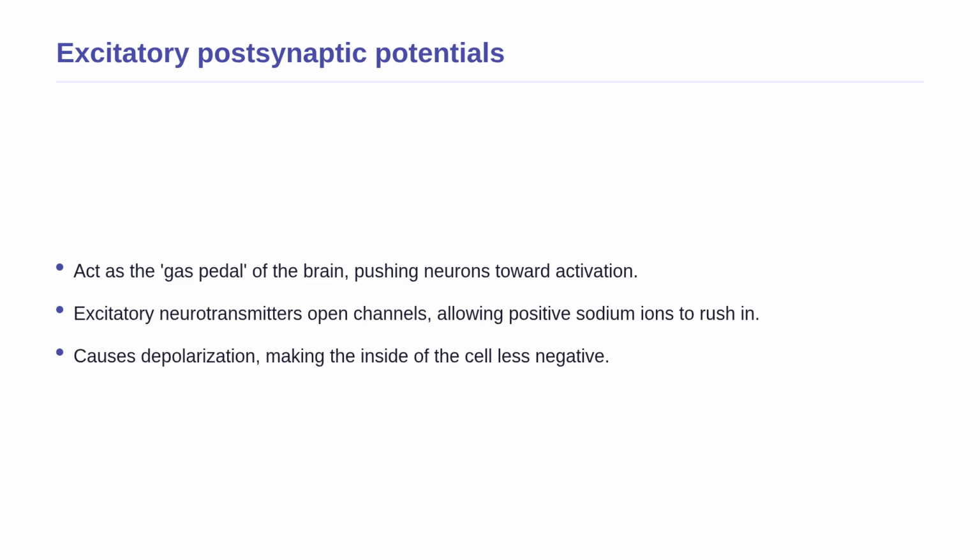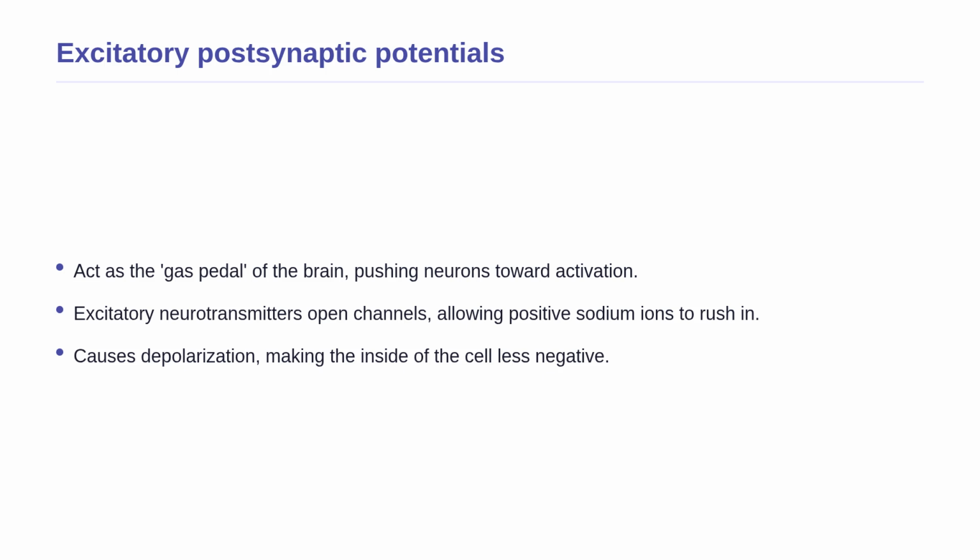To understand how neurons activate, imagine you are sitting in a car. Pressing the gas pedal gives the car a burst of energy to move forward. In the brain, an excitatory postsynaptic potential, or EPSP, acts exactly like that gas pedal. When excitatory neurotransmitters like glutamate bind to a receiving neuron, they open specific ion channels.